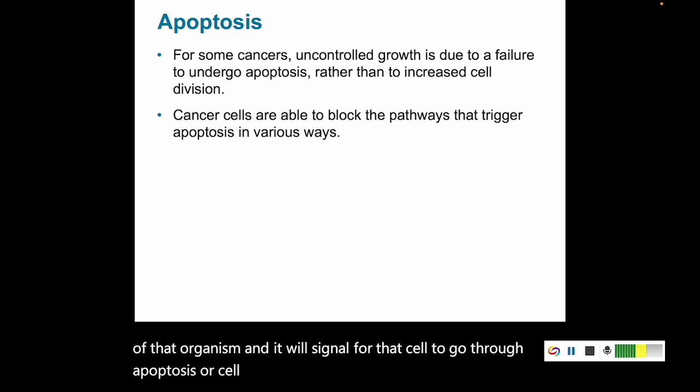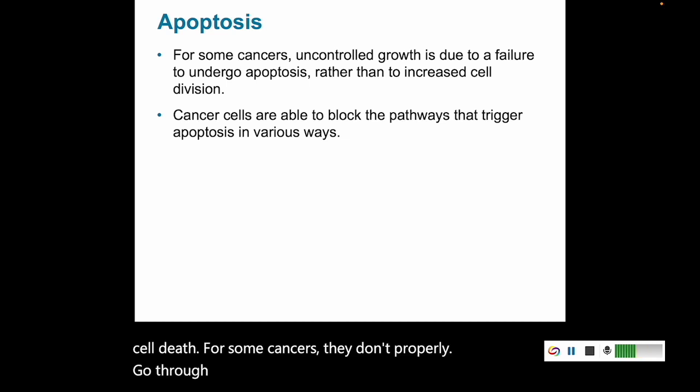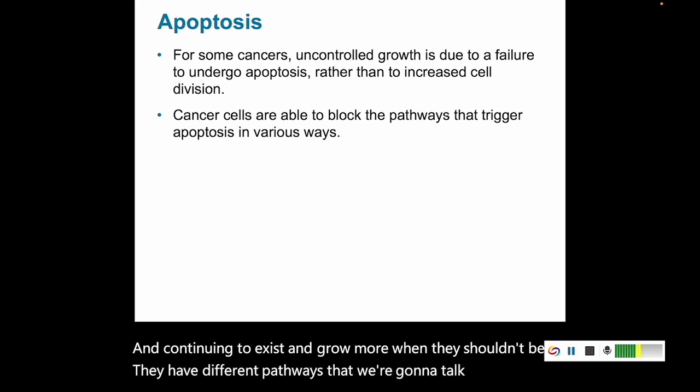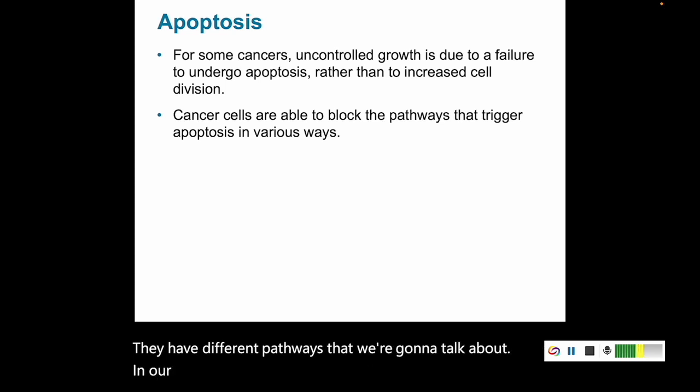For some cancers, they don't properly go through apoptosis when they should. So they're going to be growing and continuing to exist and grow more when they shouldn't be. They have different pathways that we're going to talk about in our next chapter about how they're able to kind of stop those apoptosis signals.